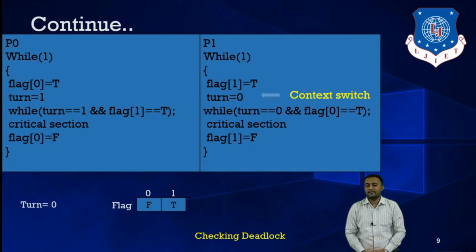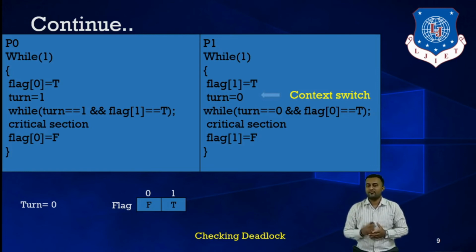In this case, again, the initial value of turn can be any value, 0 or 1, and flag of 0 and flag of 1 are initially set to false, the default value. Now we have started P1 first instead of P0.